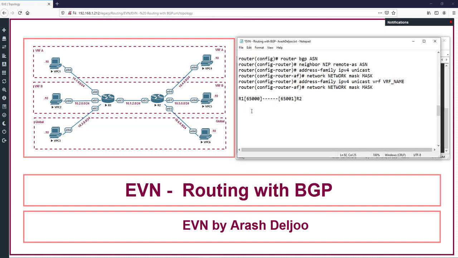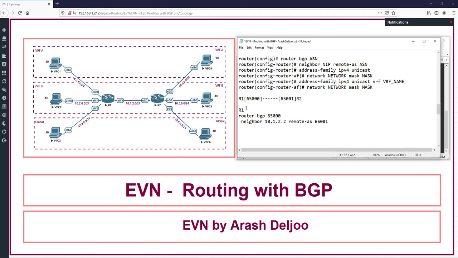Let me show you the configuration here. Router BGP in router R1. This is the configuration in R1. Router BGP 65000. The neighbor statement in the global BGP is neighbor 10.1.2.2 with the remote AS of 65001.